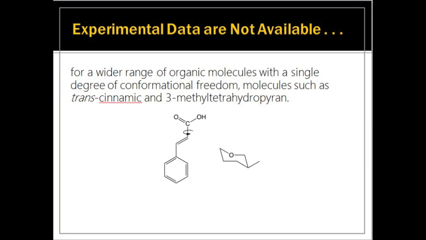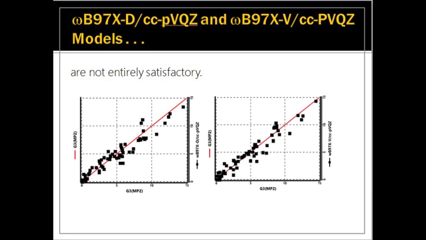Okay, so molecules that are a little bigger, but I can do G3MP2, but I don't know experiment. So I'm going to throw experiment away. I'm not going to use it anymore. If you look at that, and you now say, here's my reference, now let's do some practical functionals. Here is the XD functional with a big basis set.